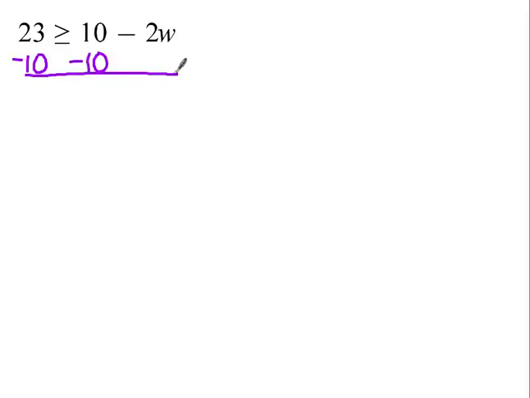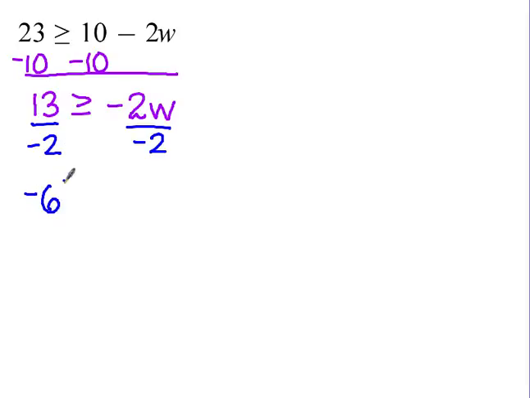Now when I do that, I get 13 is greater than or equal to negative 2w. And then you divide by negative 2. So really here I get negative 6½ or negative 13/2. Yep. And then I switch the inequality because I've divided by a negative number.